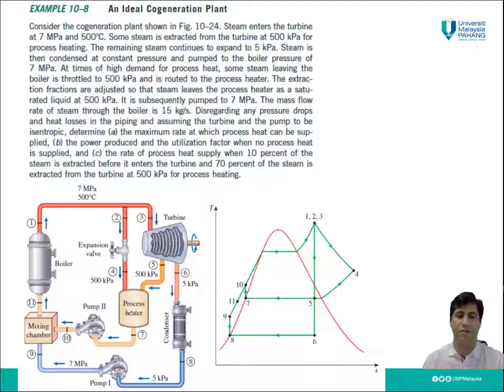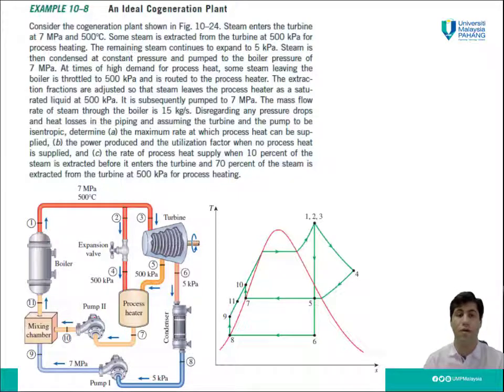After this process heater, we have saturated liquid, as you can see here in the TS diagram, and the pressure is 500 kilopascal. It is subsequently pumped to 7 megapascal.